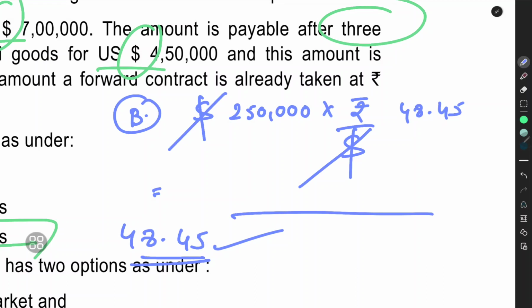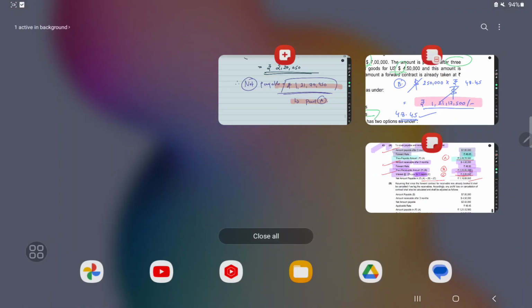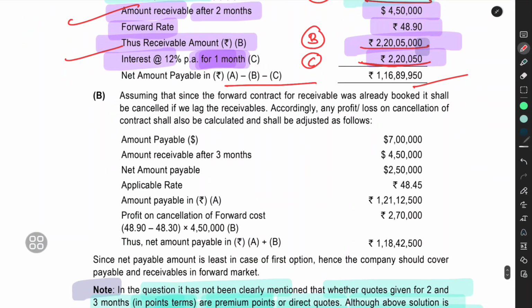Dollar goes, my rupee equivalent is 48.45 into 2,50,000, which is 1 crore 21 lakh 12,500 rupees. Correct? Okay, so we go back to the study material.